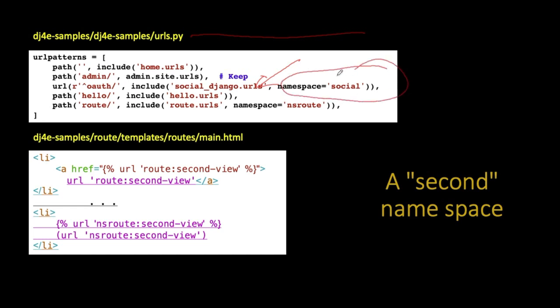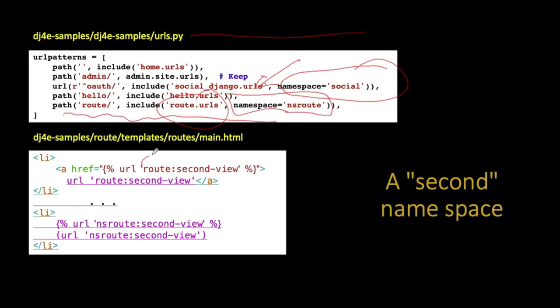So you can reference them with the name they were already given by the application that we're talking to, or we can say, you know what, I'm going to call these social: or ns-route:. So if we take this route application and include all those URLs, and we're going to use a namespace of ns-route, you still can say route:, or you can also say ns-route:. And so you can see that in this example, right?